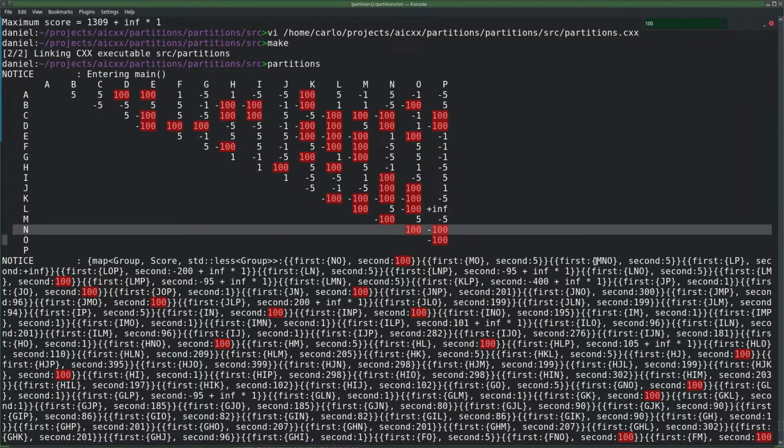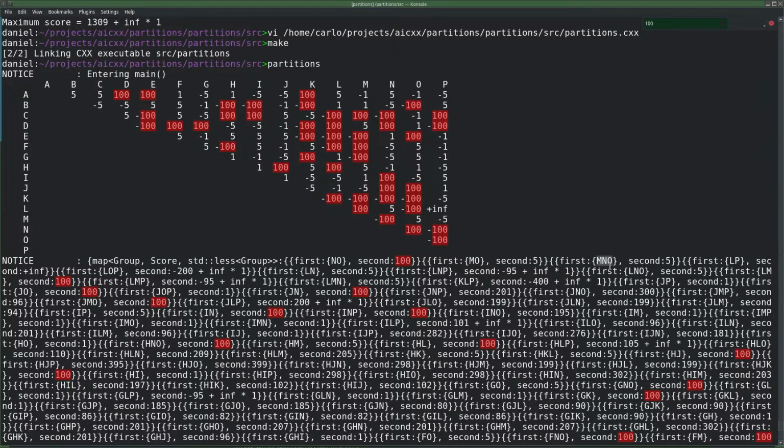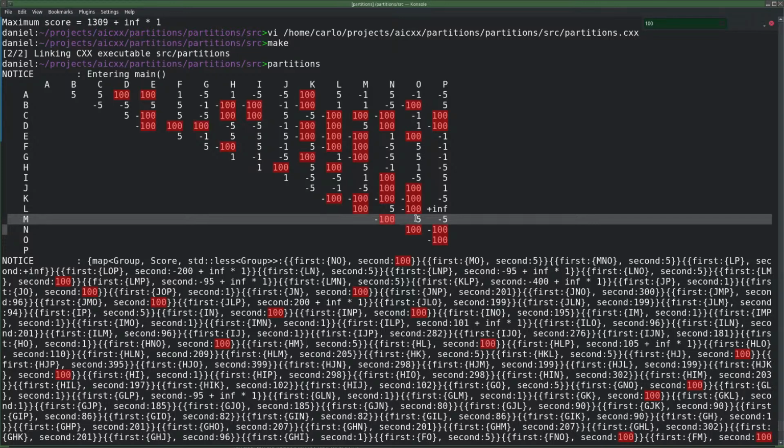And then we get that MNO is also 5. MO is 5, and then NO was 100. Yep. And MN is minus 100. So yeah, the triplet NMO is these three values added together. So that is also 5.